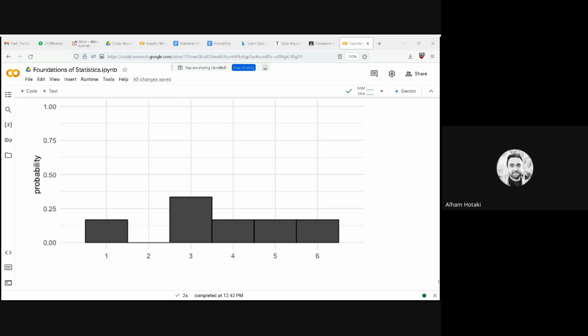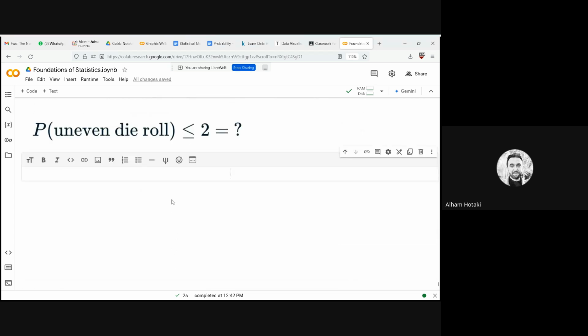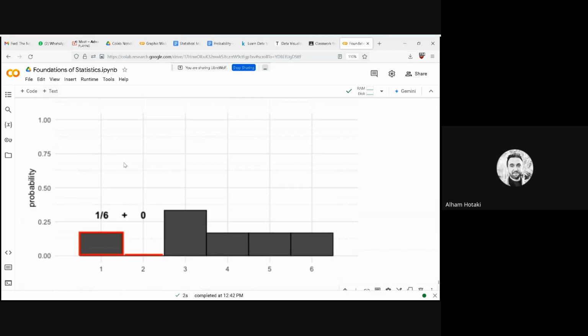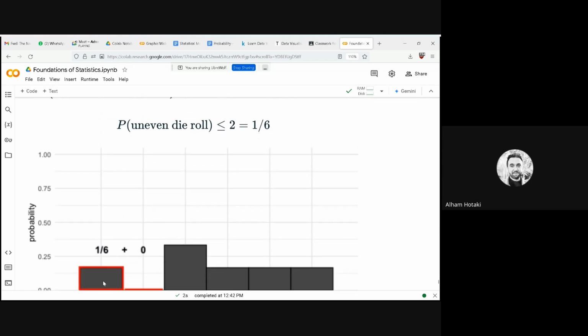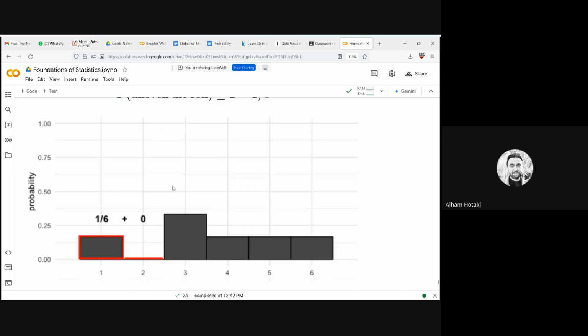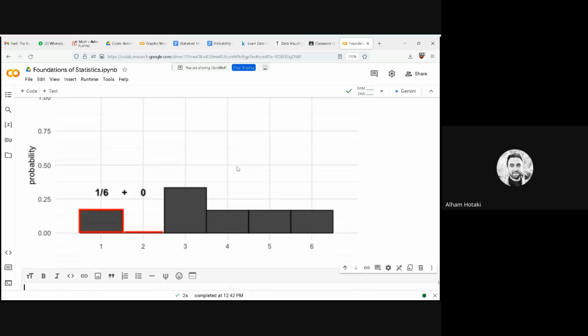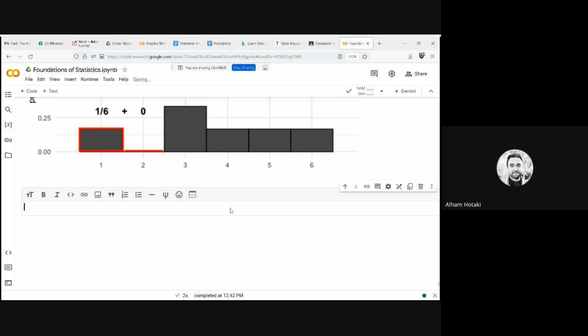Not 1.3 as it was previously, but that would be 1.6 because we don't have number 2 now. So it's 1.6 plus 0, and that will be 1.6. This is the difference between the probability of even and uneven die.